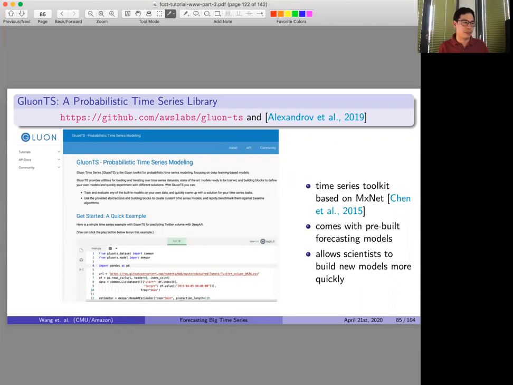DeepAR is one of them. We've got deep state space models in there, DeepFactor, LSTNet, MQCNN, for example. A lot of models are available. What is quite nice is that if you ever have a new modeling idea, you will be able to come up with a new model, hopefully more quickly than if you started from scratch.